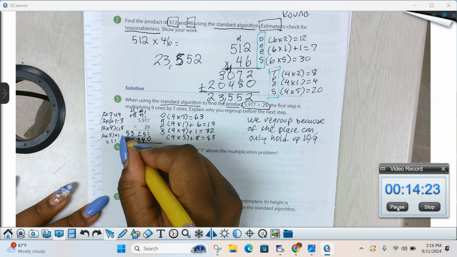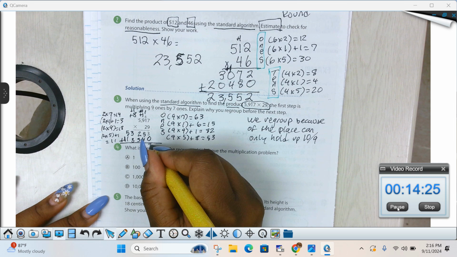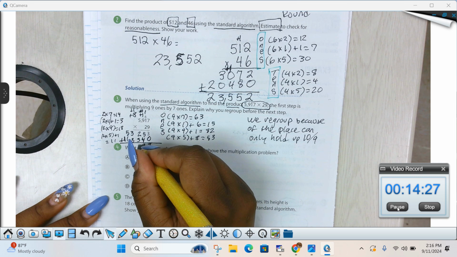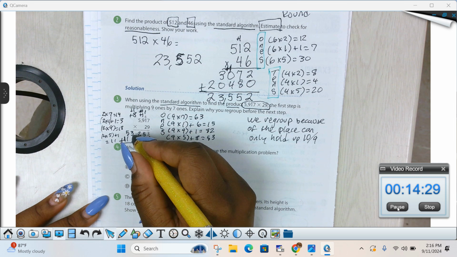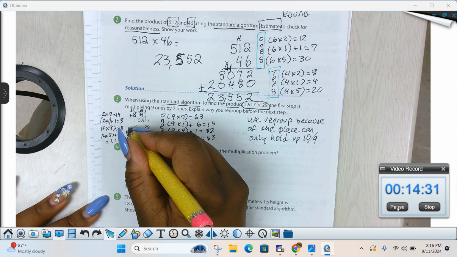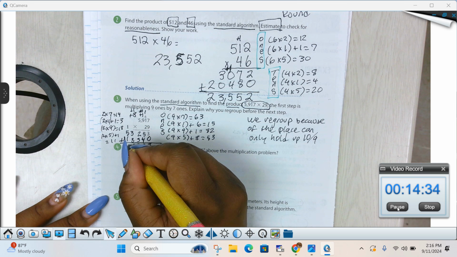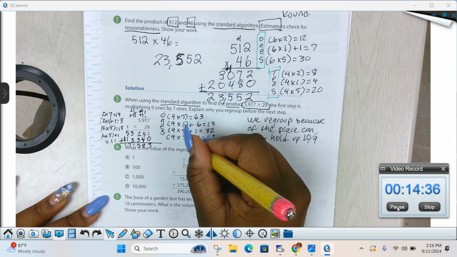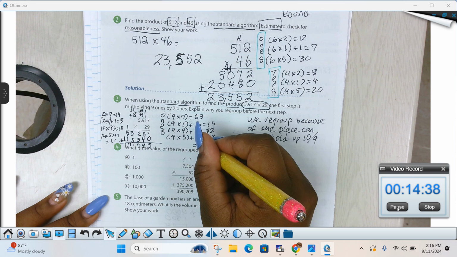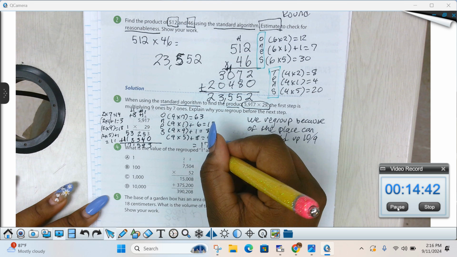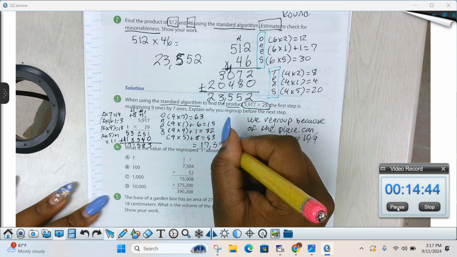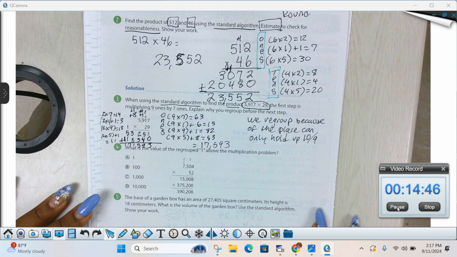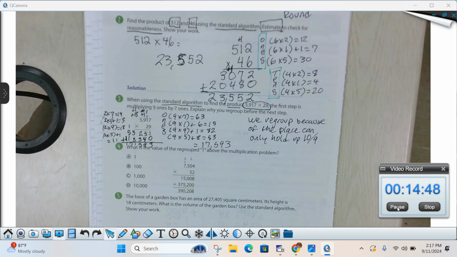Now we add all this up. You get 3, 9, 5, 11, 6, 7, 1. So the answer is 17,593. Whew, sorry it's so tiny.